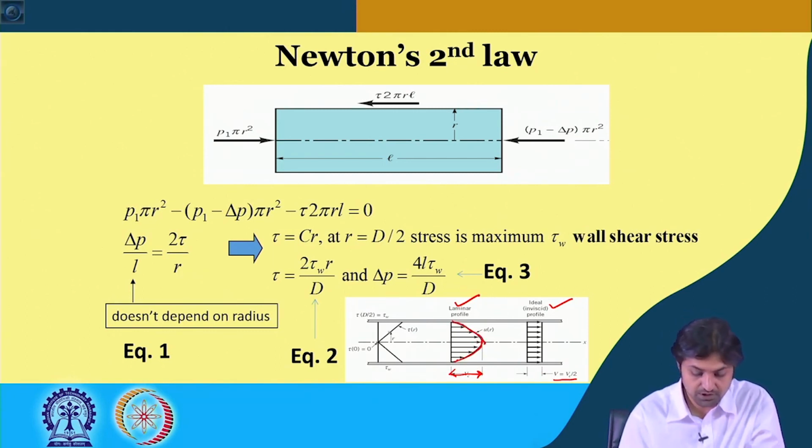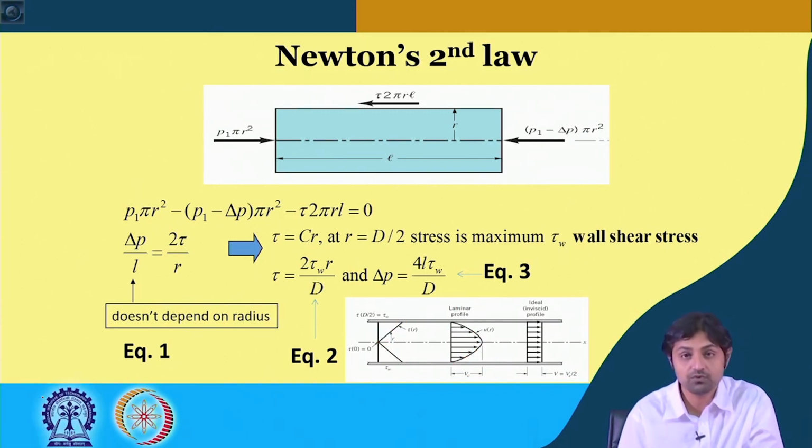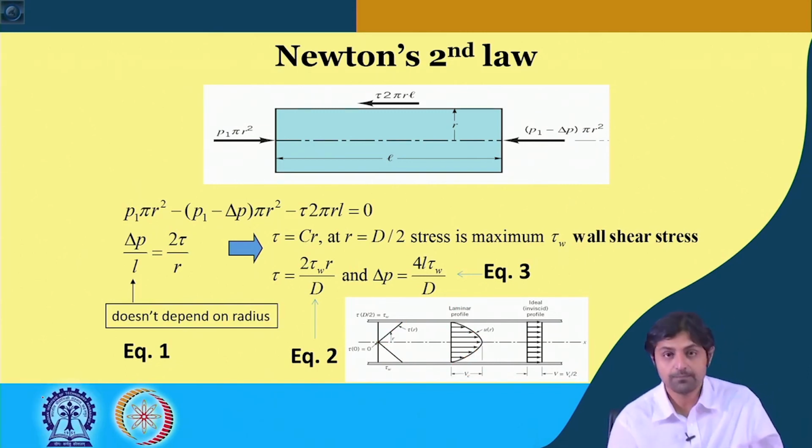All right, and the shear stress variation is like this. Okay, this is the laminar profile in the pipe flow, and the shear stress distribution is like this. This is something important to remember as well.